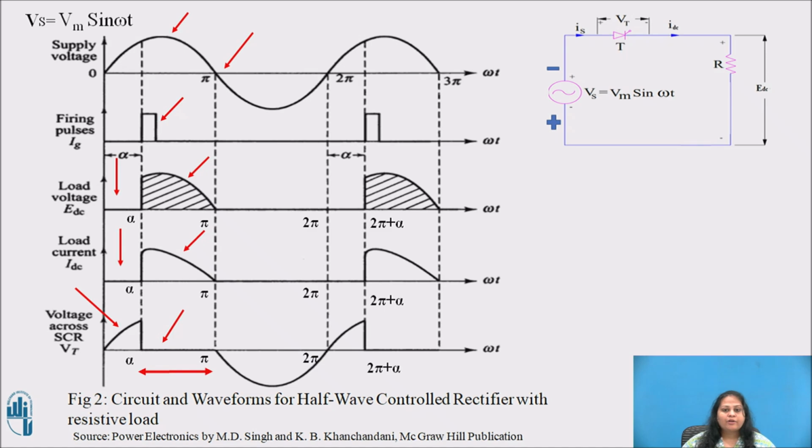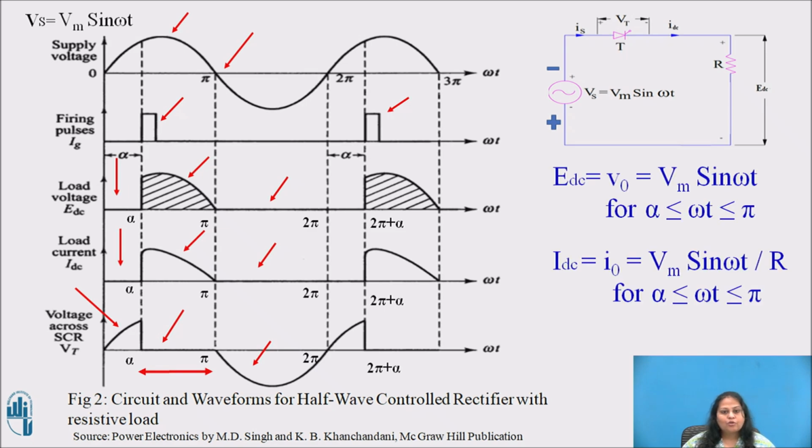The moment negative half cycle appears, SCR becomes reverse biased and due to natural commutation, SCR now turns off. This makes all the supply voltage to appear across the SCR and load voltage and load current becomes 0 again and this state continues till the next gate pulse is applied to turn on the SCR at an angle 2 pi plus alpha, which then repeats the same process.